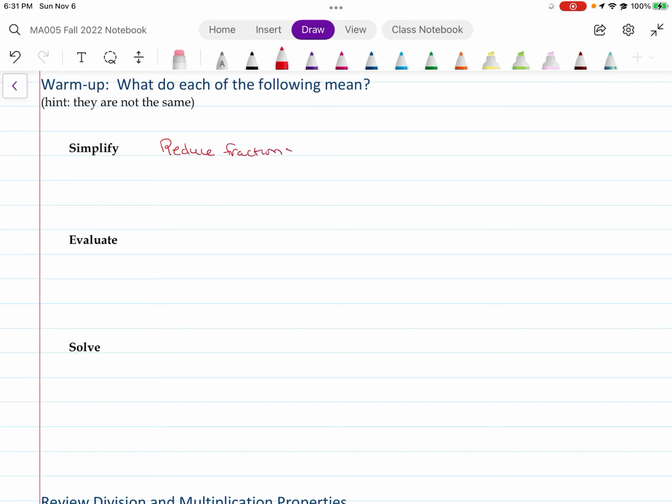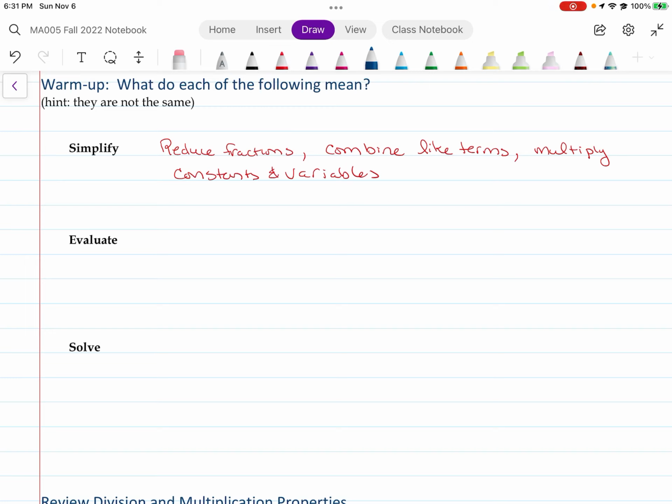It means to combine like terms. It means to multiply constants and variables. In other words, distribute, multiply constants and variables, things like that.